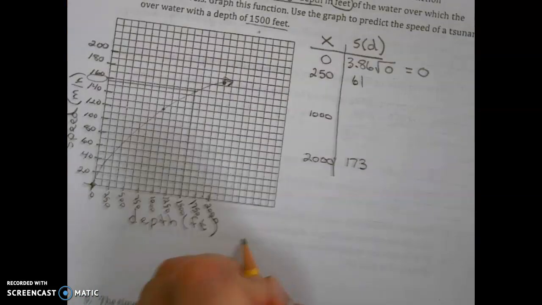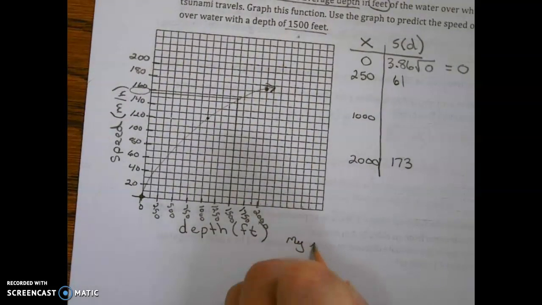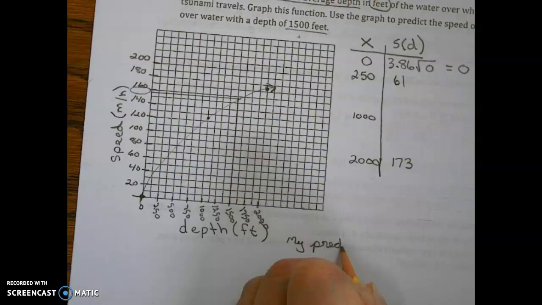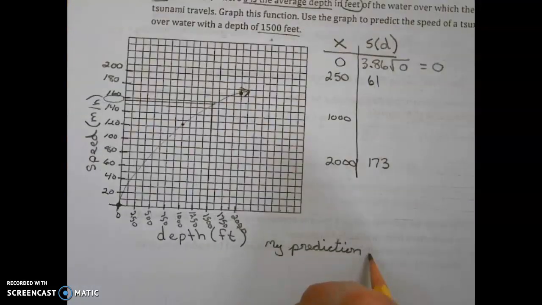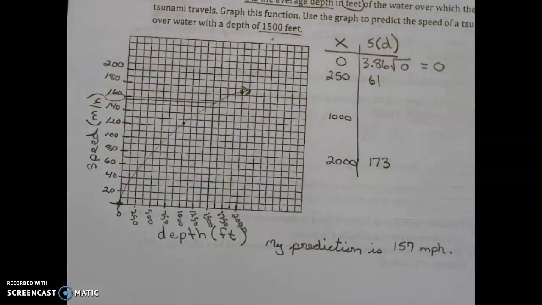So my prediction, and we're running out of time, so I'm just going to say is 157 miles per hour.